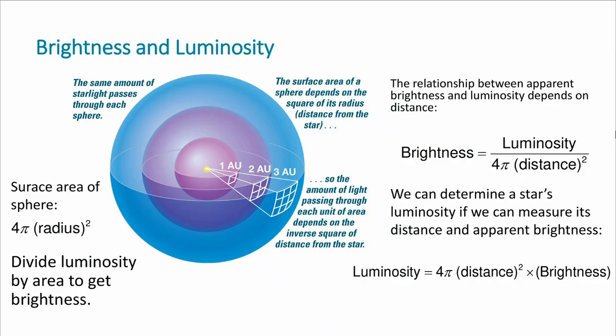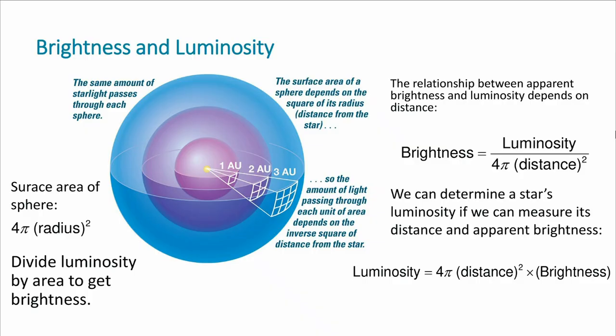But if you projected that out onto the 2 AU sphere, now you have 4 squares that have the same area as the 1 square from the 1 AU. Then if you go out to 3 AU, you get 9 squares, and so that energy that's confined to this 1 square here gets spread out to 4 squares, and then gets spread out to 9 squares.